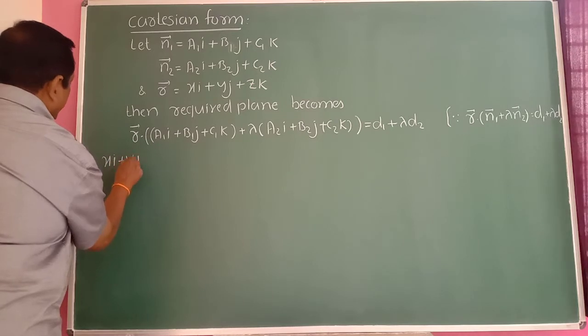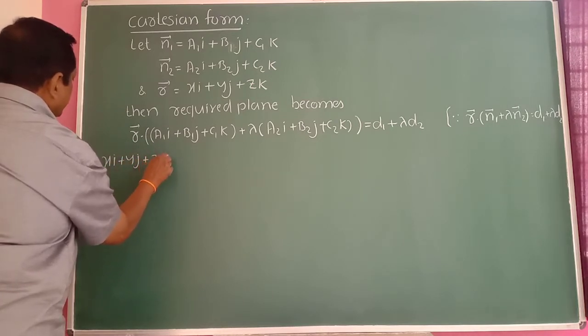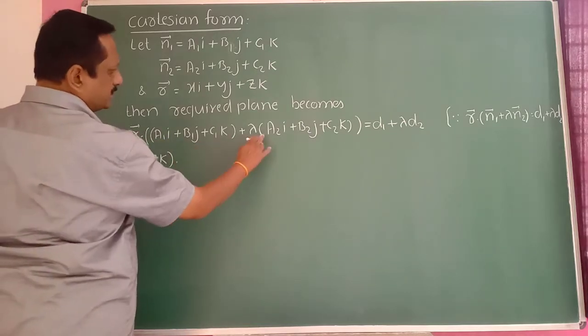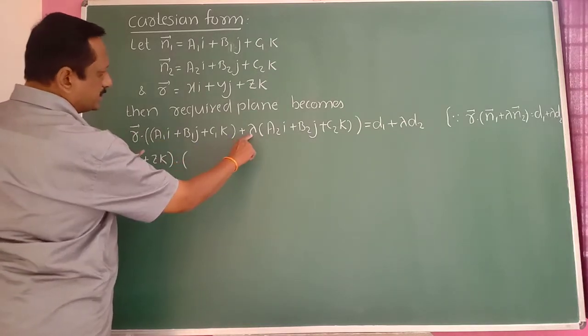Here R bar is this vector, so write xi plus yj plus zk dot this plus this. So take this lambda inside the bracket.